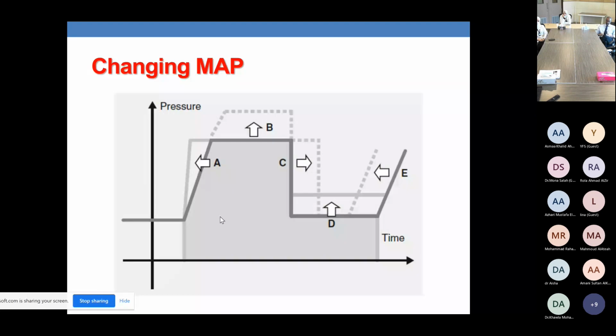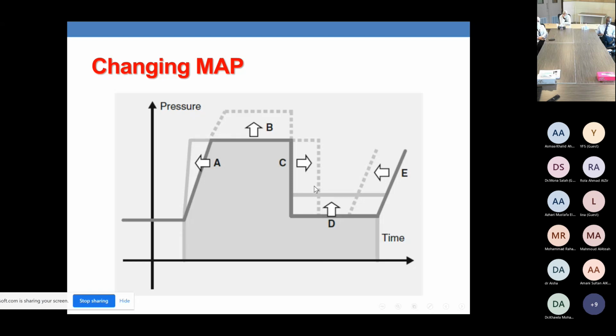To increase the area under the curve means to increase the MAP. So here, very easy: either you increase the rise time, make it steeper, more sharp, or increase the PIP, or increase the inspiratory time, or increase the PEEP, or make it a rapid breathing rate.